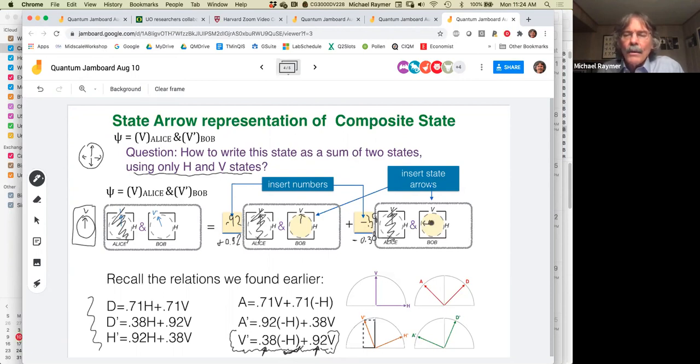If you drew the arrow this way, that is the minus H. If you draw the arrow this way, then these have to be plus, because you don't want to put the minus sign in twice. The alternative would be minus 0.38 and then draw the arrow this way. That's equivalent to plus 0.38 here and the arrow drawn to the left, because that's the minus H state.